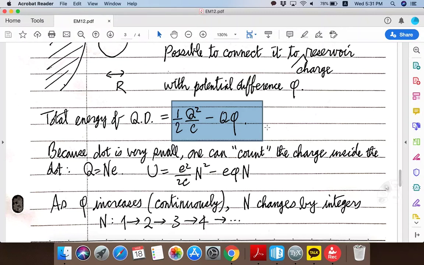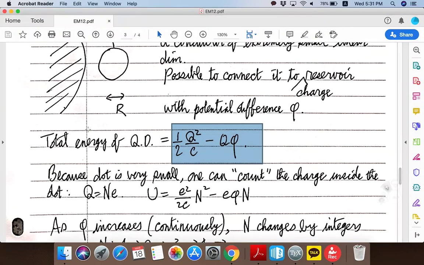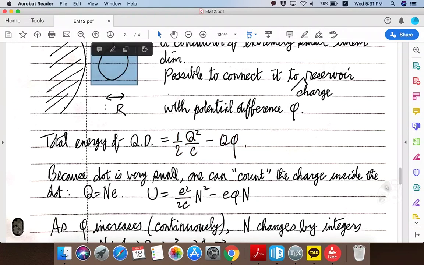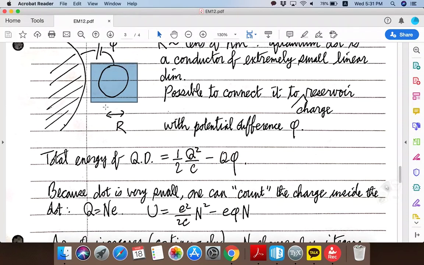Now, if that were the whole story, then it wouldn't be that interesting. But what does make this story interesting is the fact that because the quantum dot is so small, it's literally possible to count how many electrons went into the quantum dot.